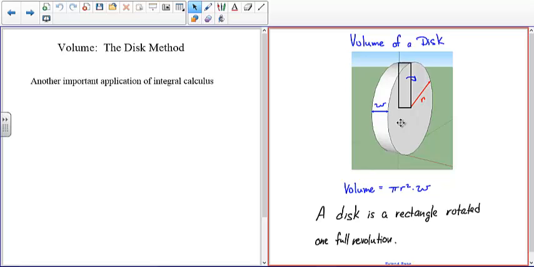So if we look at the area of the rectangle that I'm rotating around one side, around this axis, the area of the rectangle is just the width of the rectangle times the height of the rectangle. In terms of this disc, it's the width of the disc. As I rotate this thing around, the width of the disc that I'm creating is equal to the width of the paper, this dimension.